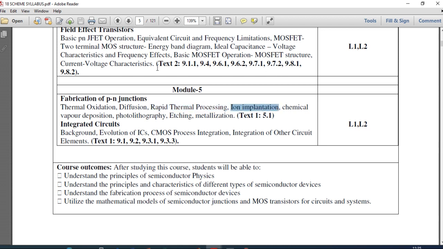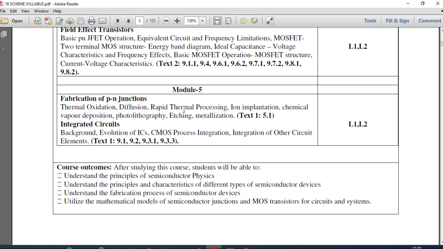In rapid thermal processing, we discussed the process of oxidation, right?